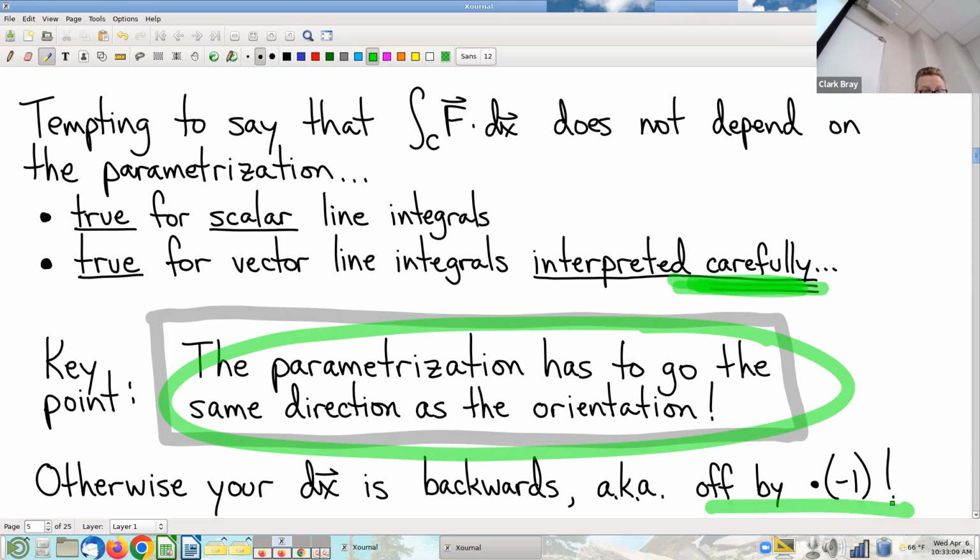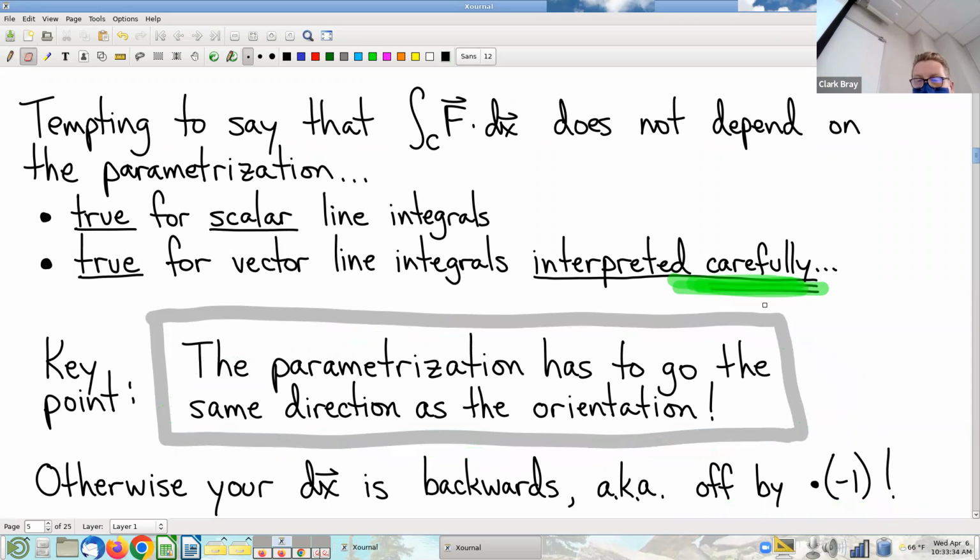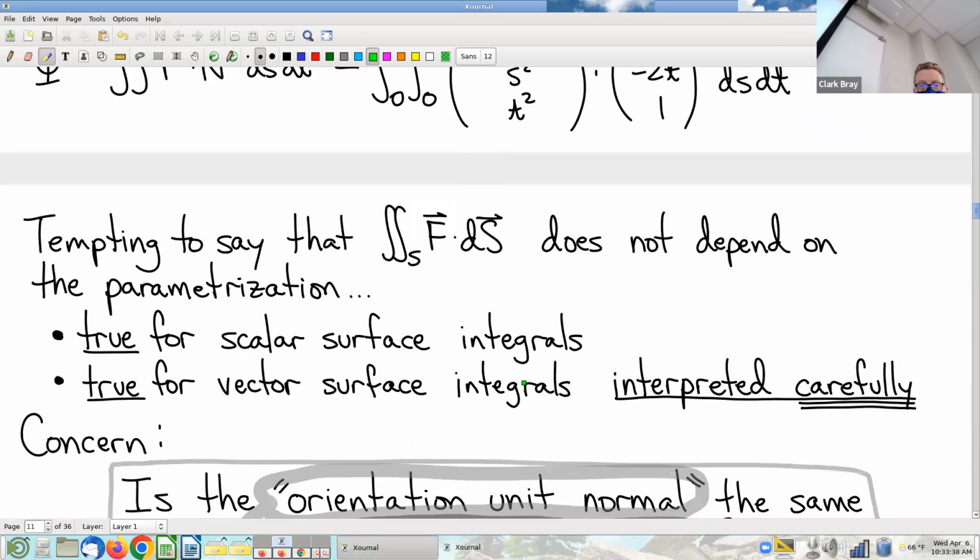In other words, if you compute the amount of work that it takes to go up the hill, but you were asked to compute the amount of work that it takes to go down the hill, well, it takes a negative amount of work to go down the hill. You recover energy going down the hill. So you're off by just a minus sign, but it's also a huge swing in numbers in an absolute sense. Okay, all right. So we're going to ask now the analogous question for surface integrals.